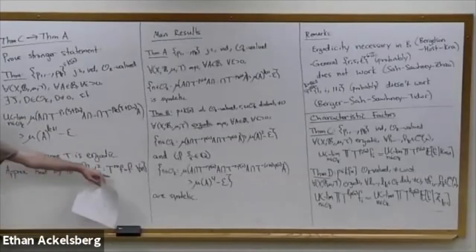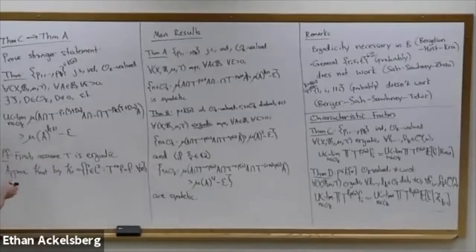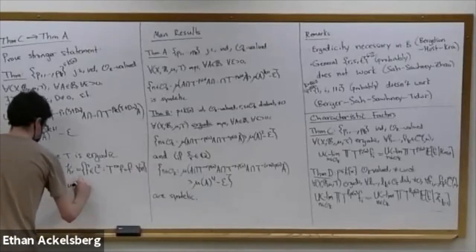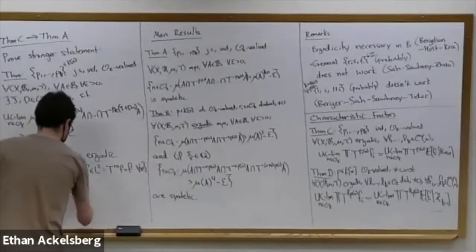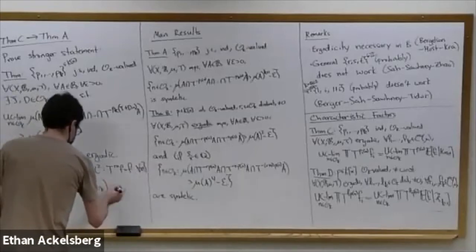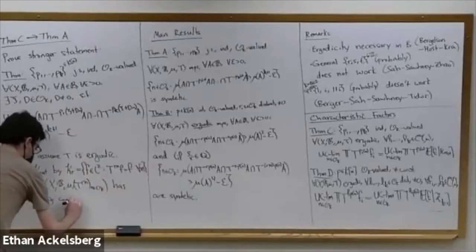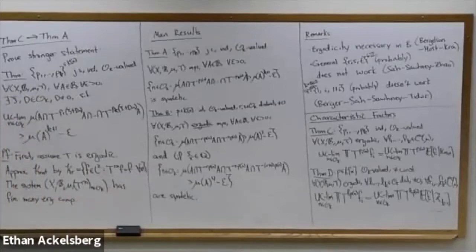And then what we're going to do is look at multiples of R. So the system here has finitely many ergodic components, because multiples of R are a finite index subgroup. And so you know that the full group has to not have any invariant sets. So you can look at different coset representatives.